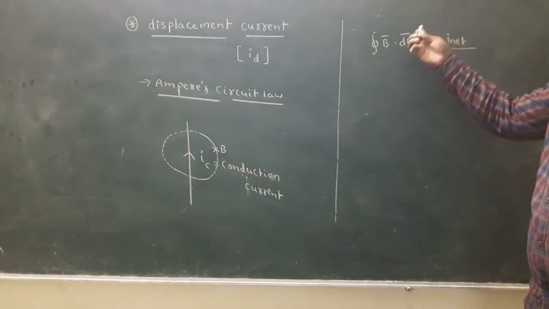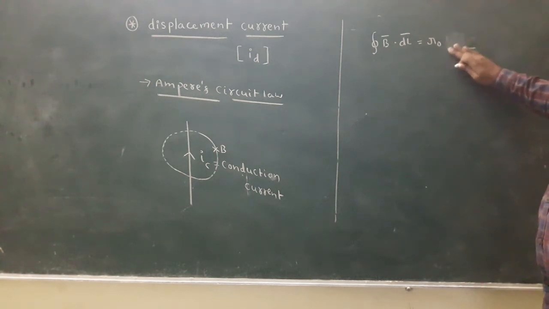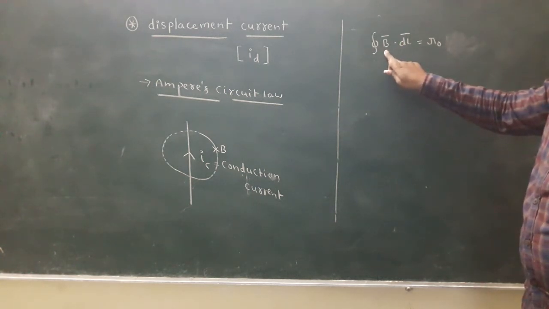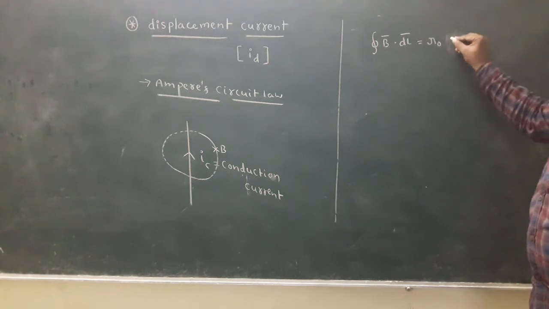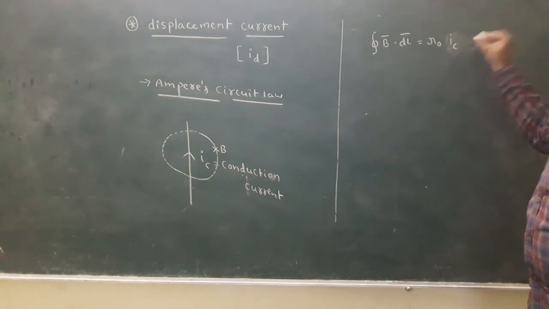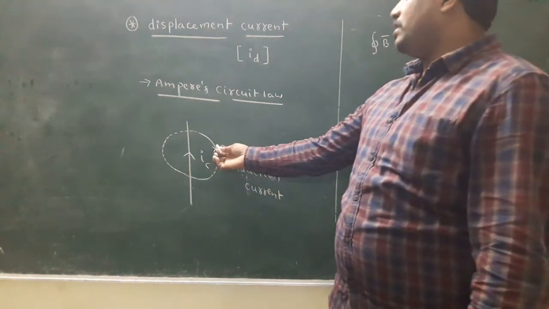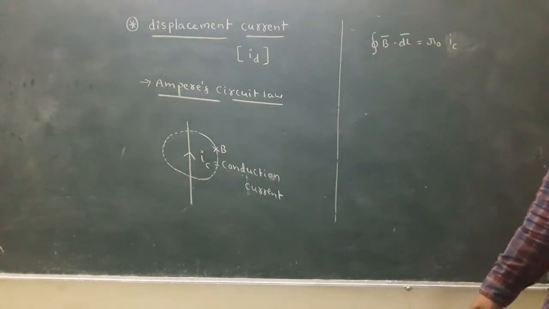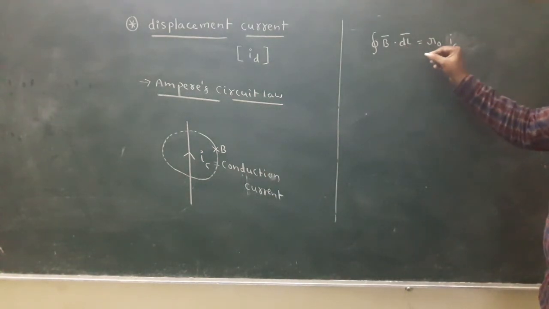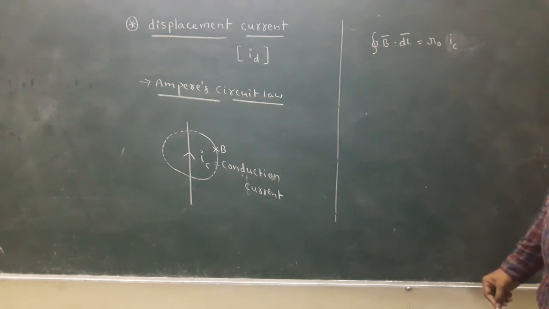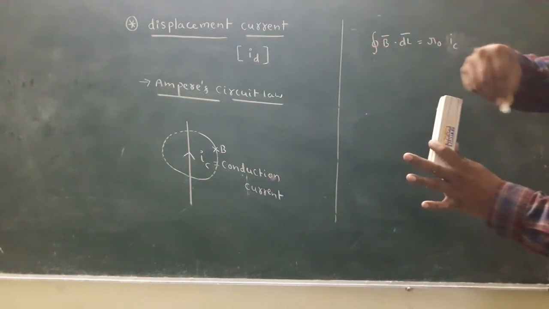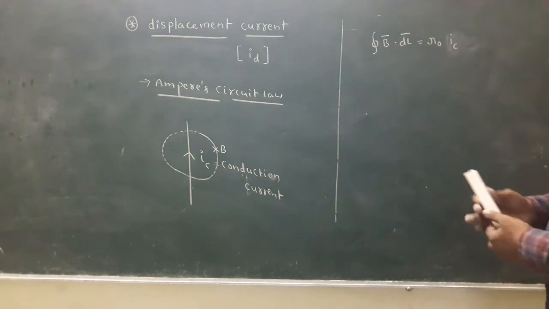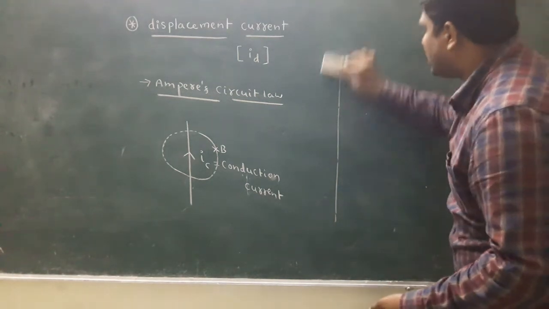Simply, this formula is very useful to determine the magnetic field induction due to a current carrying wire. Here, I is written as IC because this current is called conduction current. This is the Ampere circuit law. This means a current carrying wire produces a magnetic field around the wire. Keep these in your mind.